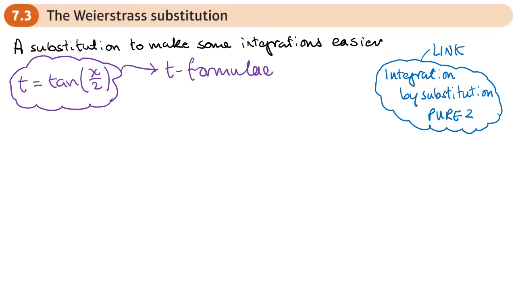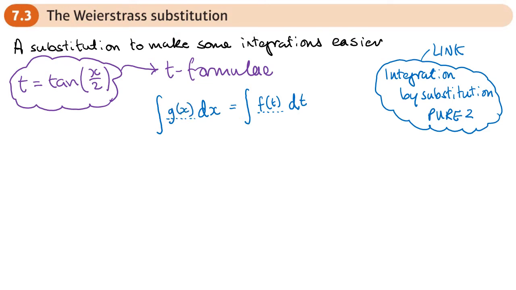Now, if we're going to do a substitution for an integration, we want to finish with dt at the end. We start with an integration that has dx, we're integrating with respect to x, but we're using a substitution, so we end up with some sort of function of t, even if we started with a function of x.